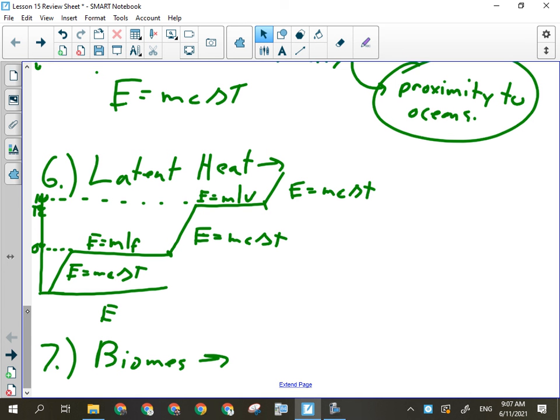Number 6 is the device/structure question, where we're talking about heat transfer, convection, conduction, radiation.